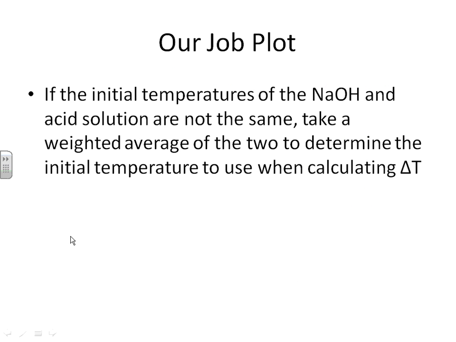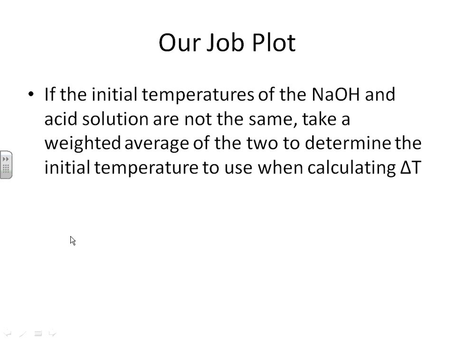For our Job plot, a note on the initial temperatures, because you're going to start by taking the temperature of the sodium hydroxide solution and the unknown acid solution separately from one another. If they do not have the same initial temperature, you have to make a correction for that, because we're calculating change in temperature.